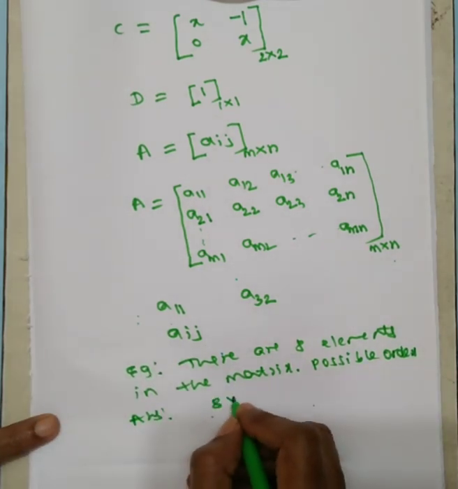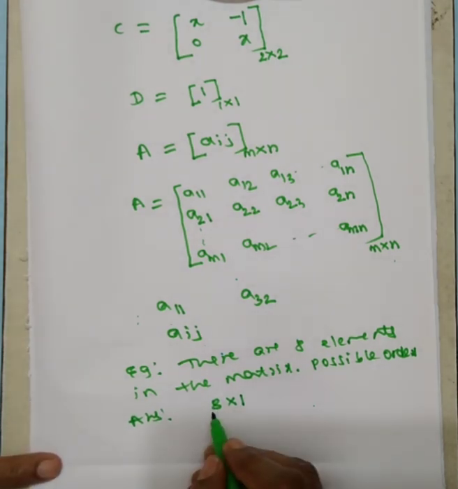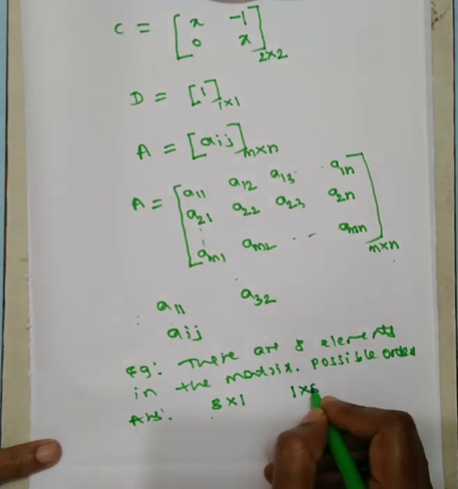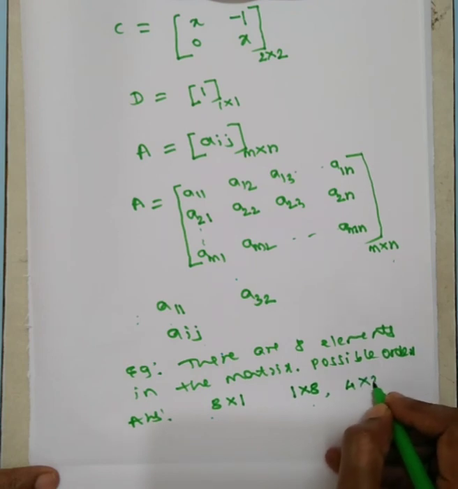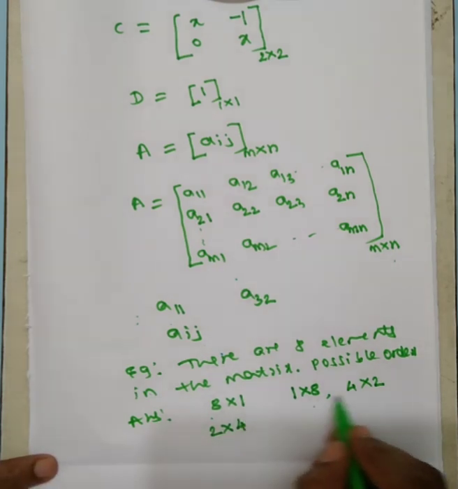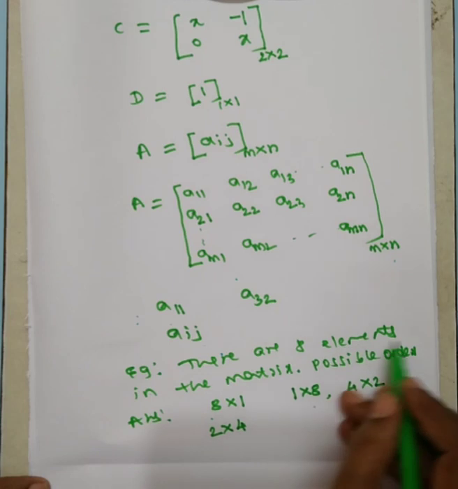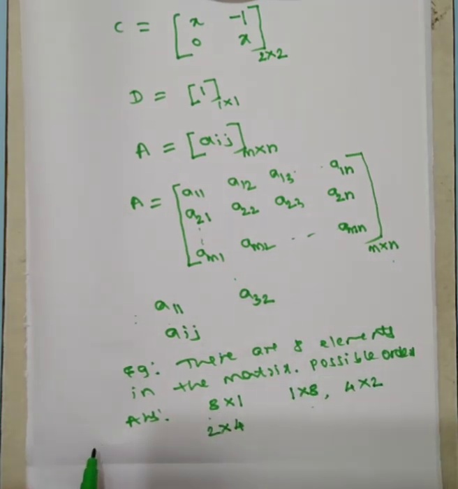It can be 8 by 1, meaning 8 rows and 1 column, or 1 row and 8 columns, or 4 rows and 2 columns, or 2 rows and 4 columns. So these are the possible orders of the matrix if there are 8 elements in the matrix.